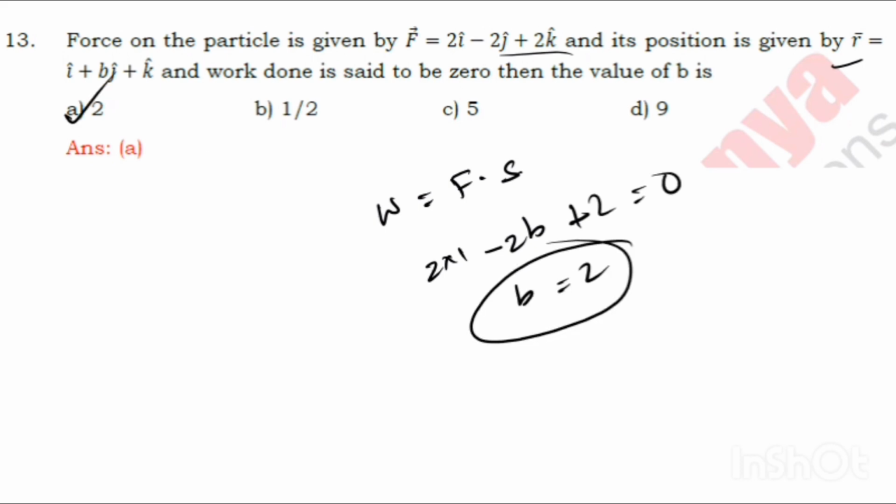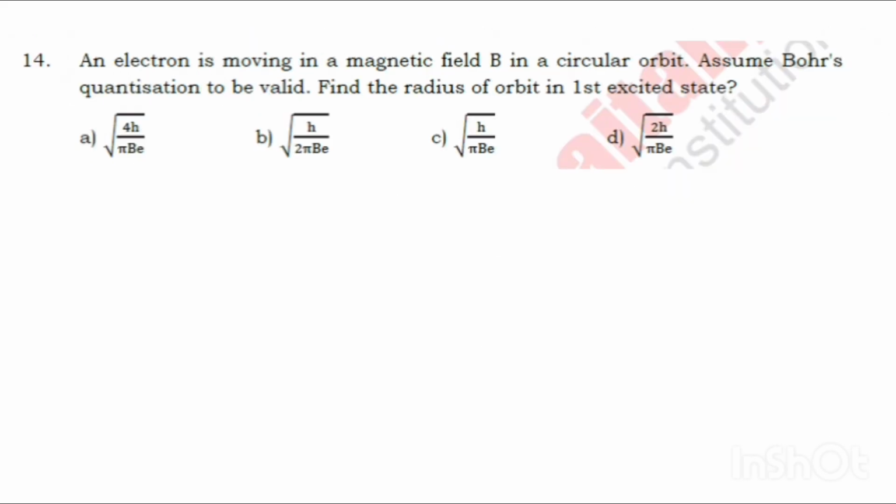Now here the electron is moving in a magnetic field. The electron is moving in a circular loop in the magnetic field, right? To satisfy this condition, the equation must hold.